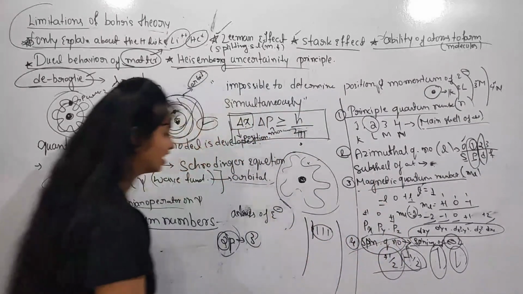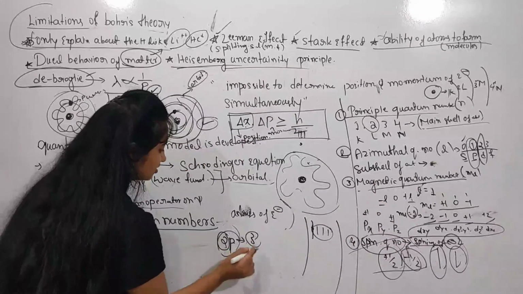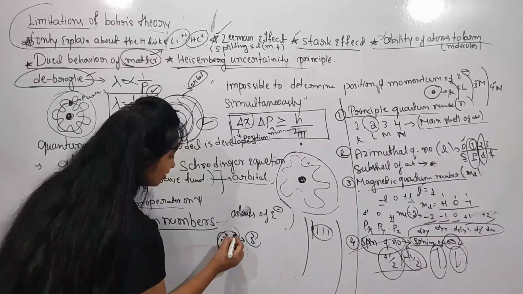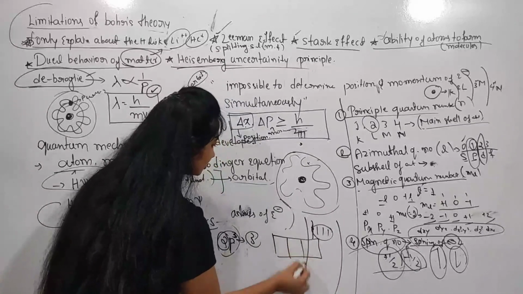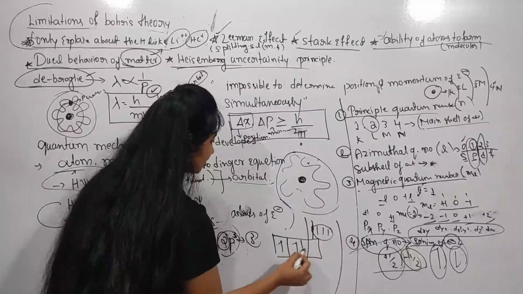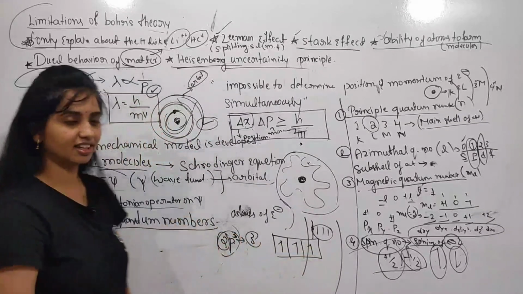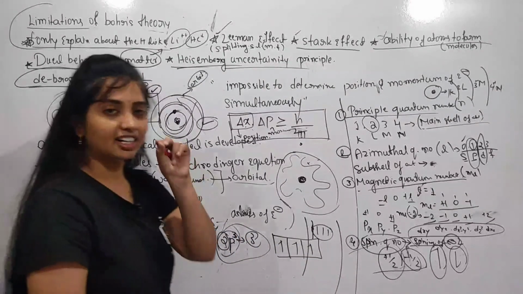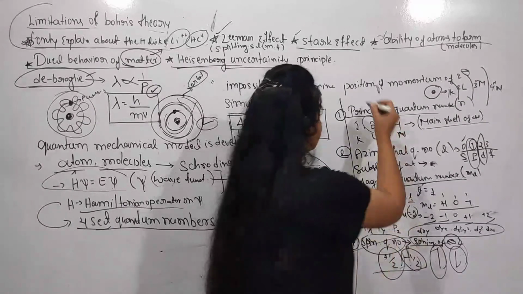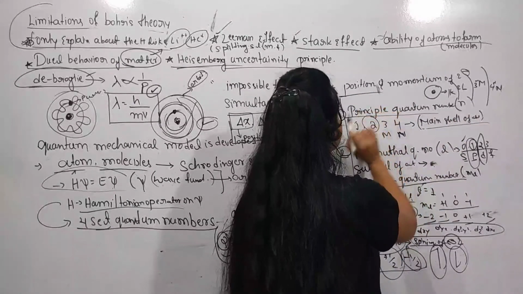So if I write 2p3, they have clockwise spin like this. So this is how the address of an electron is given by these quantum numbers.